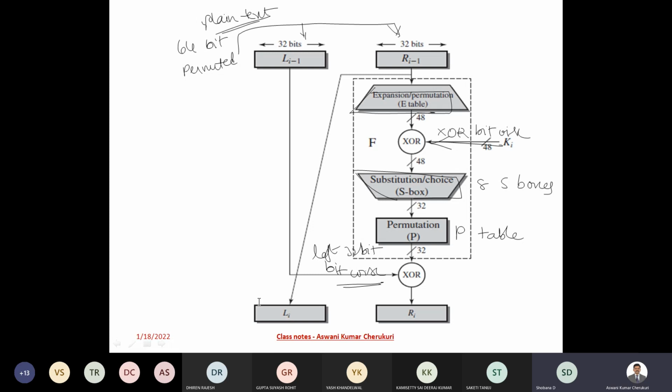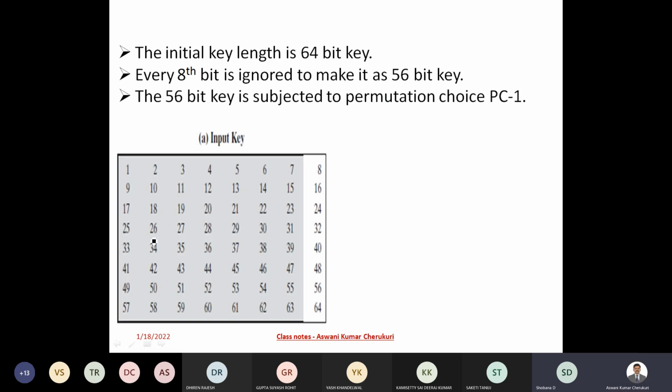On the key side, you are taking the initial 64-bit key. I hope you remember that. The initial key length is 64 bits, but it actually becomes a 56-bit key.